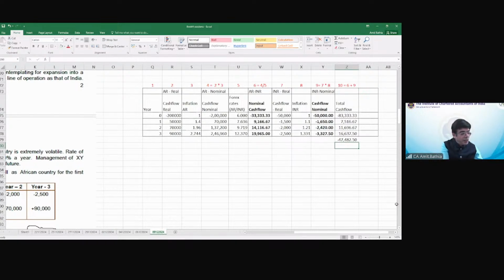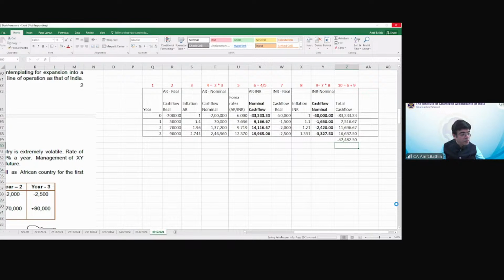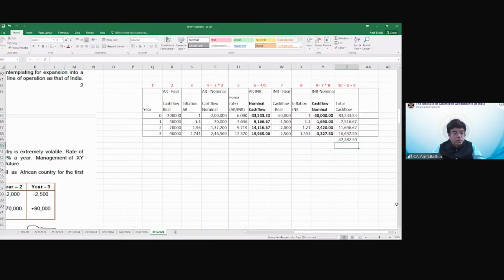We have done the major part. However, there is one important aspect still remaining. These are my nominal cash flows.